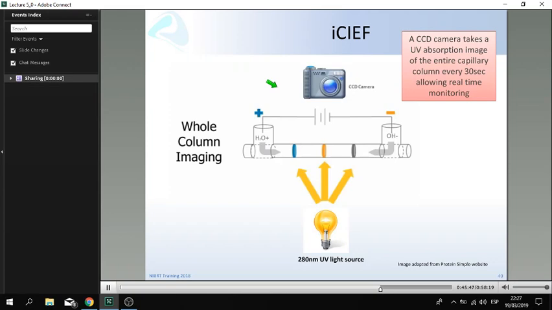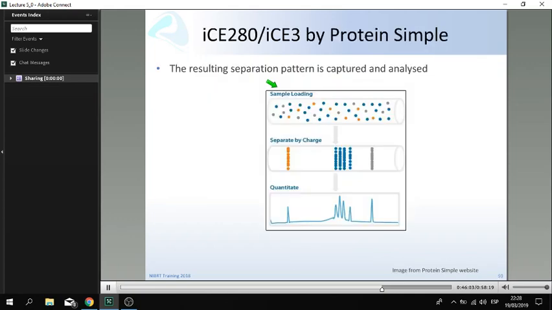You can see in real time when things are focusing, and you don't have to move anything to a detection window. You're detecting it as it's happening inside the capillary. It's much easier because you can skip that mobilization process, and then your separation pattern is captured and analyzed.